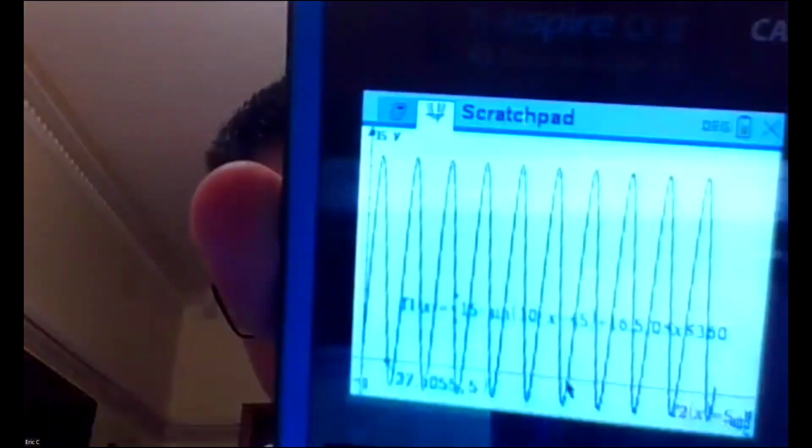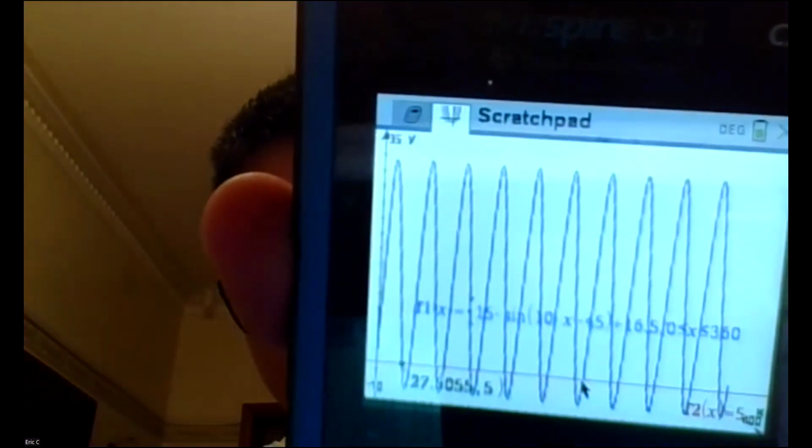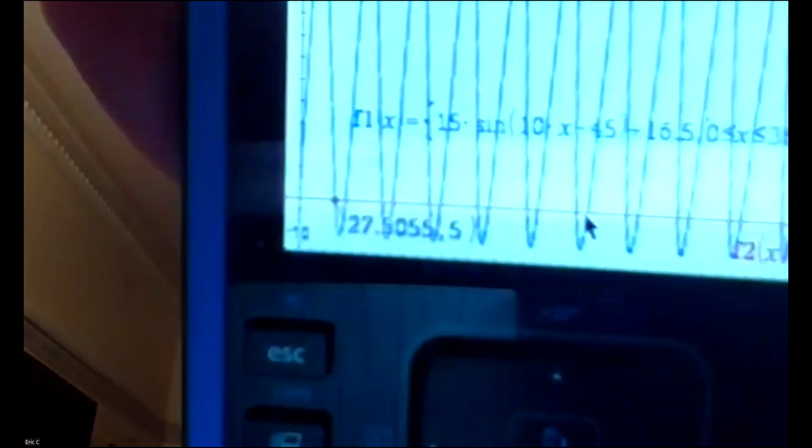You can see there's a lot more of the sinusoidal graph being shown. And then we just need to count how many times the two graphs intersect. So we can see there's 2, 4, 6, 8, 10, 12, 14, 16, 18, 20. So there's 20 times.